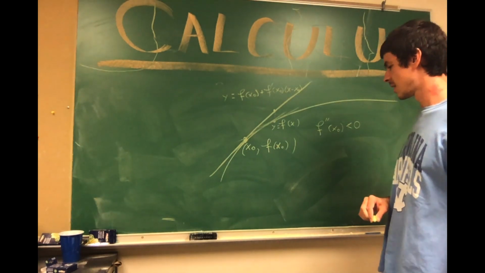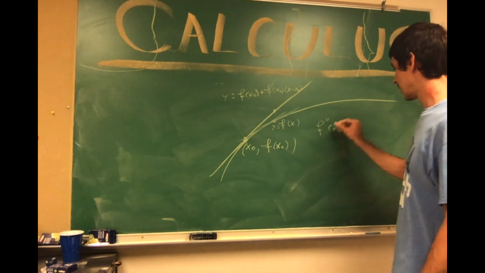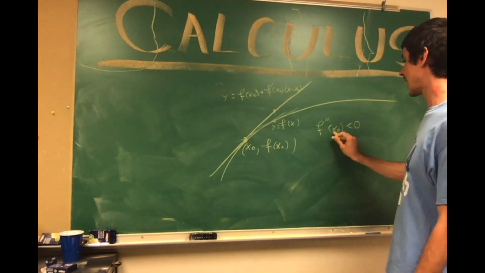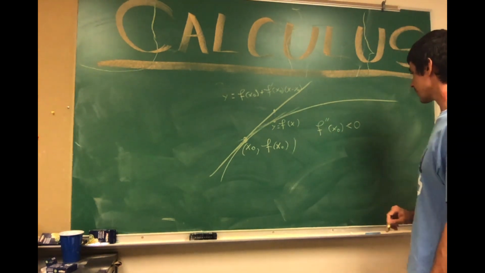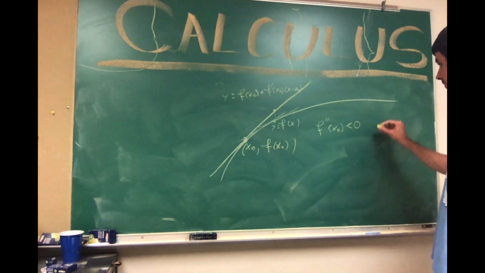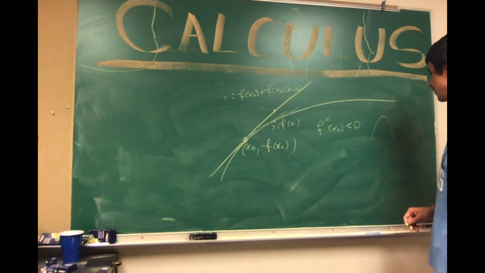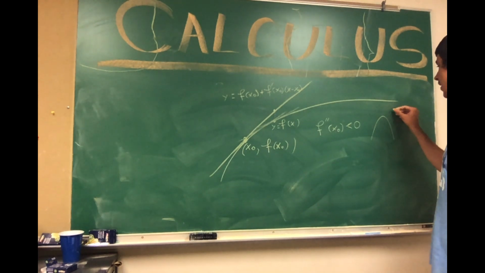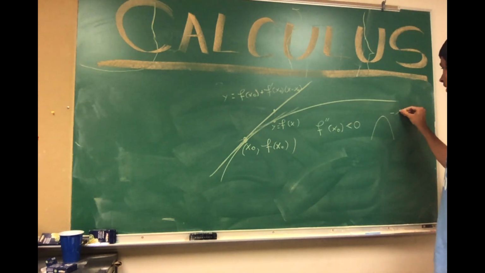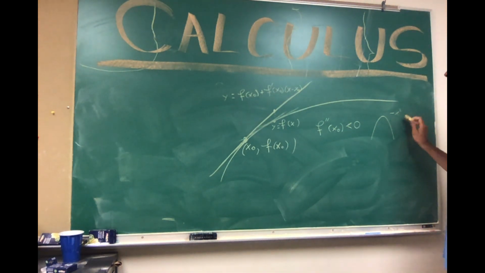And so the archetypal shape for negative curvature is an upside down U, or a parabola. This kind of looks like the parabola negative x squared, which we know has negative curvature, right? It has curvature negative 2, the second derivative of negative x squared is negative 2.